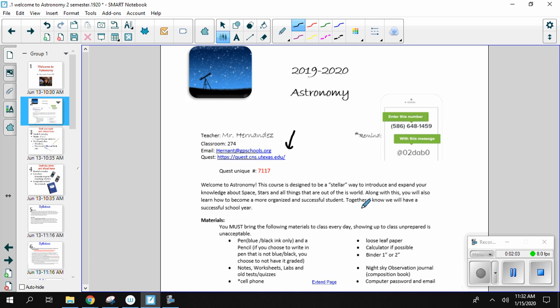So cool. There's also the online homework web address in case you ever need that. And this might be helpful as well. This is our online homework login. We just need that for the very first time that you're logging into Quest. Now we'll go through that and how you use that.